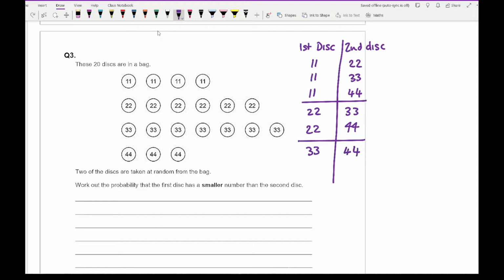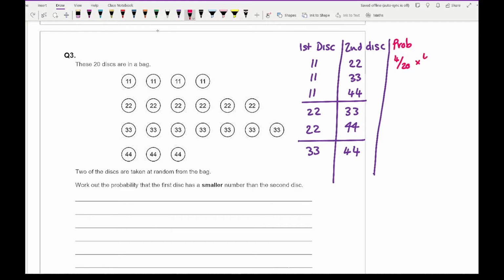So what we now need to do is work out the probability of each of these scenarios. Now remember that you're picking one out and then picking another one out, so this is going to be without replacement. So here the probability of picking 1 and then 2: the probability of picking 1 is going to be 4 out of 20, and then how many 2s are there?